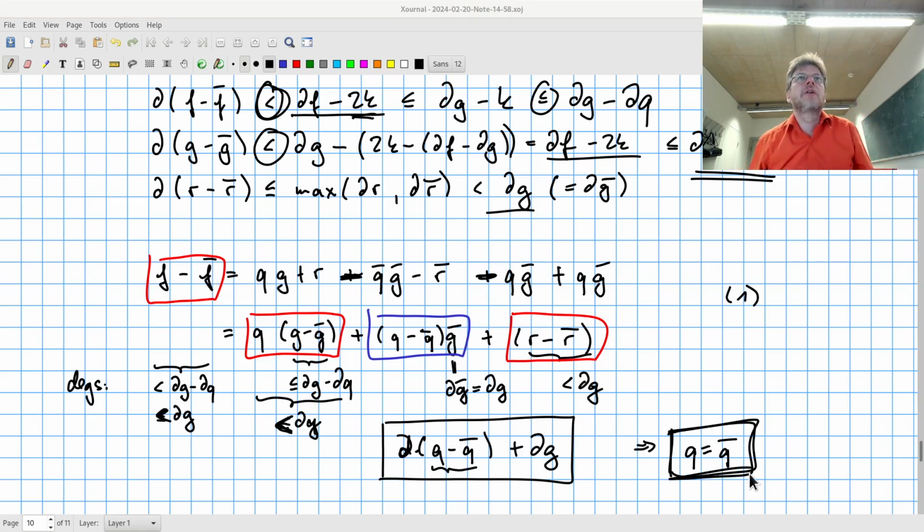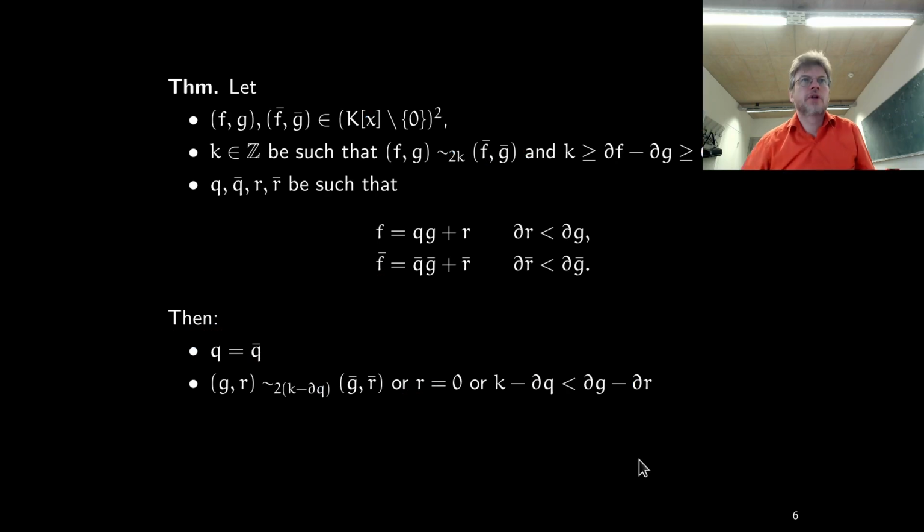Okay, so then we have shown the first part of the theorem, and now we have to show the second part of the theorem. So for the second part, we have to show that one of 3 cases happens. We show that if this is not true and this is not true, then this must be true.